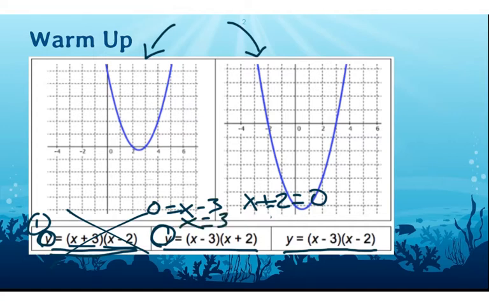And the second one, if I subtract 2 on both sides, I should get x equals negative 2. Now, if you haven't noticed, whatever the sign is inside the parentheses, the root is the opposite sign. So if you haven't noticed that, start kind of looking for it.